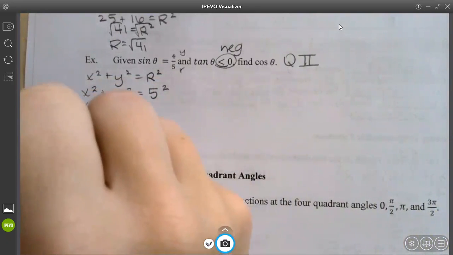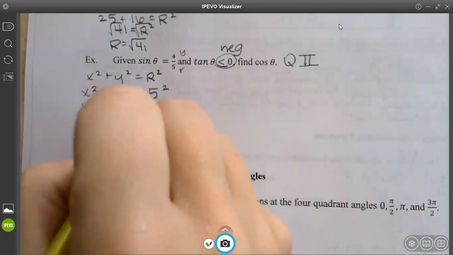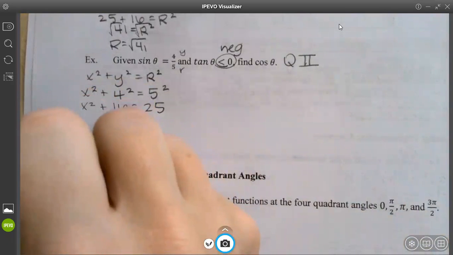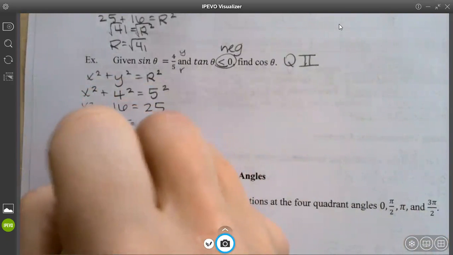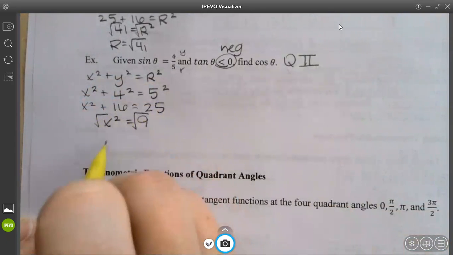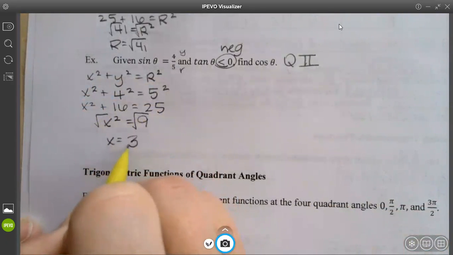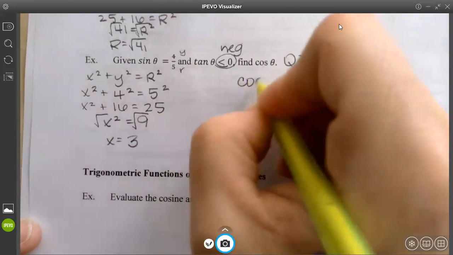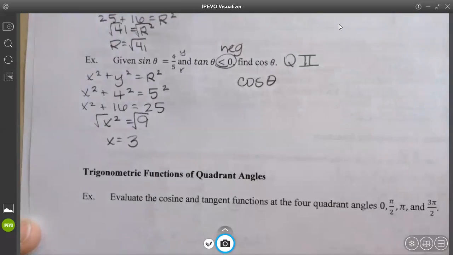We get x squared plus 16 equals 25. How do I solve? 25 minus 16 is 9. And then square root of 9 is 3. It says find cosine theta.